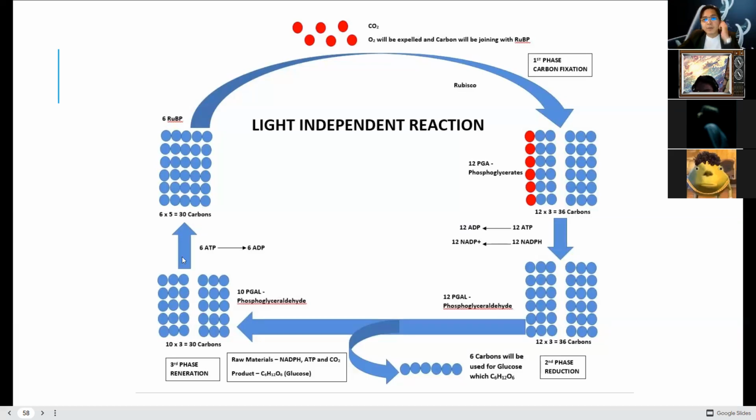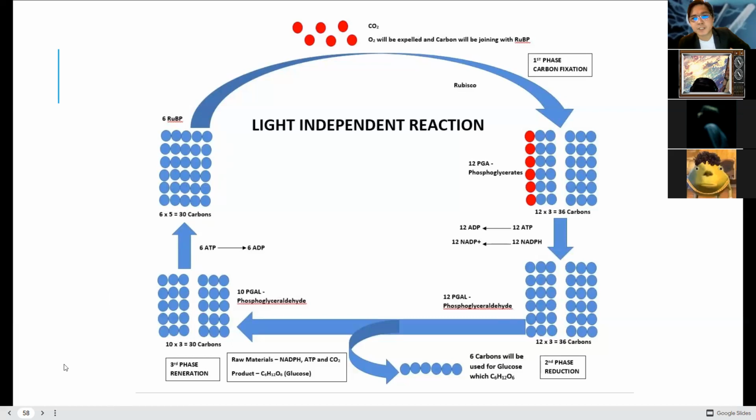So again, we converted these 10 PGALs into RUBP in the process, using 6 ATPs to create 6 RUBPs. That is now the regeneration phase, the third phase of the light-independent reactions.